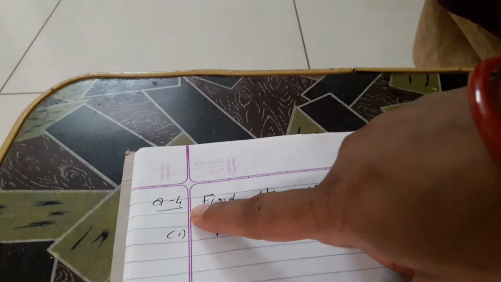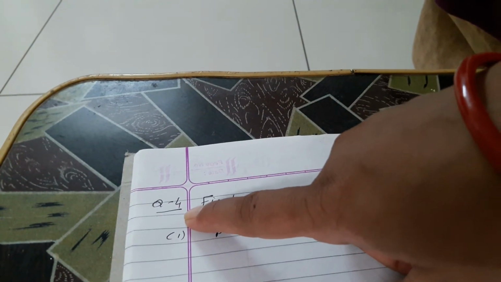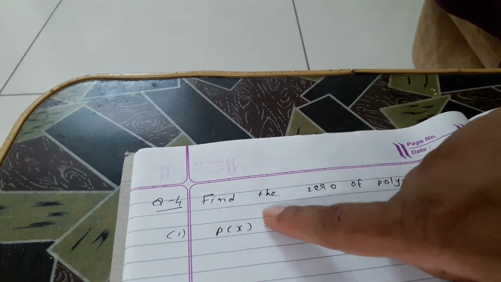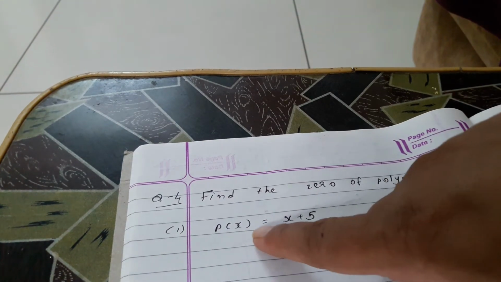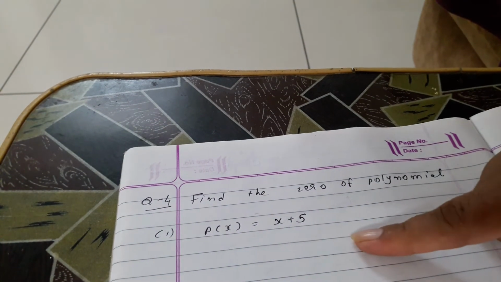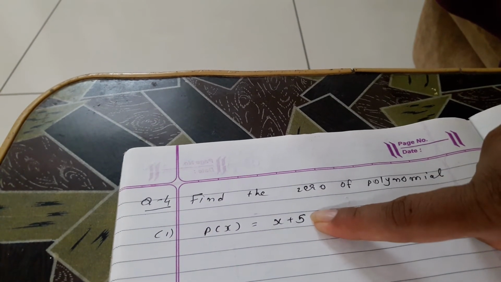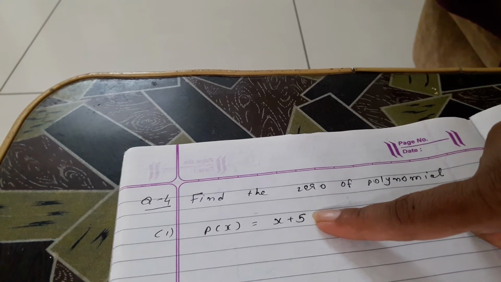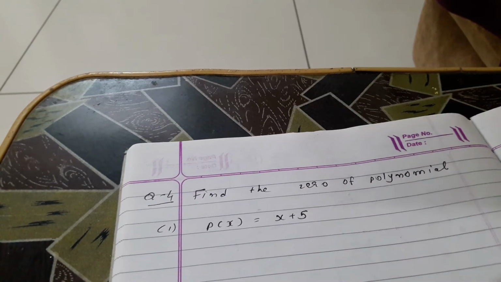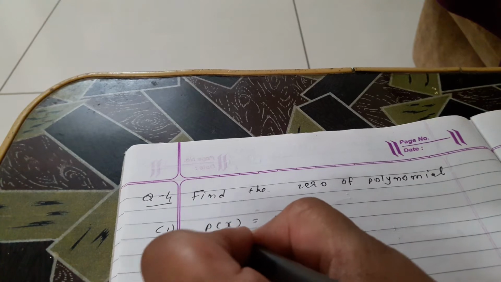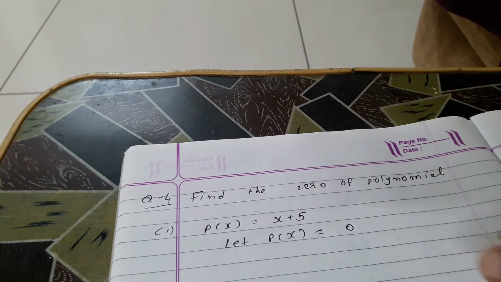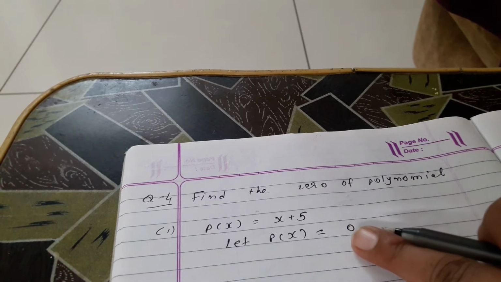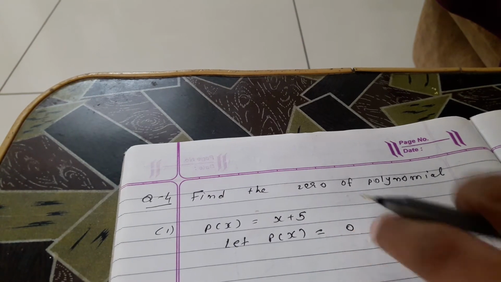Now, question number 4, exercise 2.2, find the zeros of the polynomial. Here the first is P of x equals x plus 5. To find the zeros, first of all we have to take P of x equal to 0.